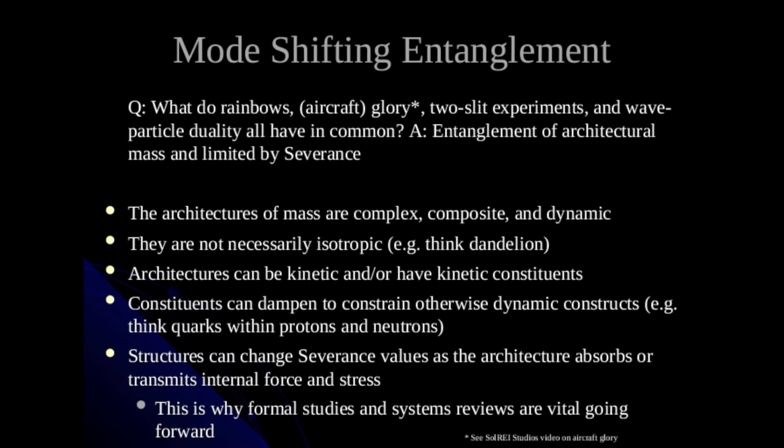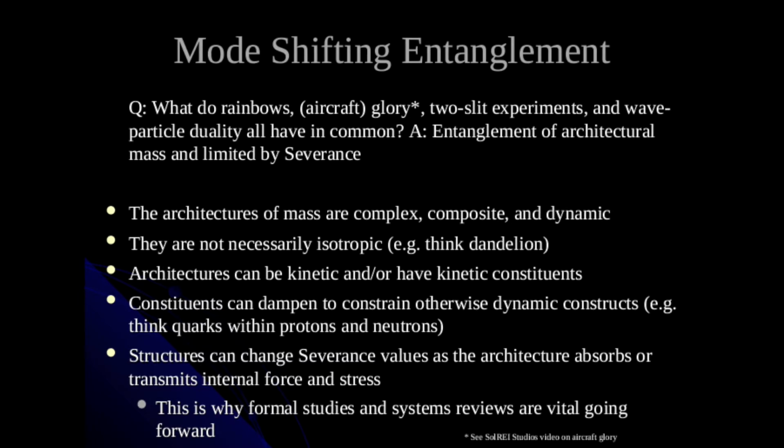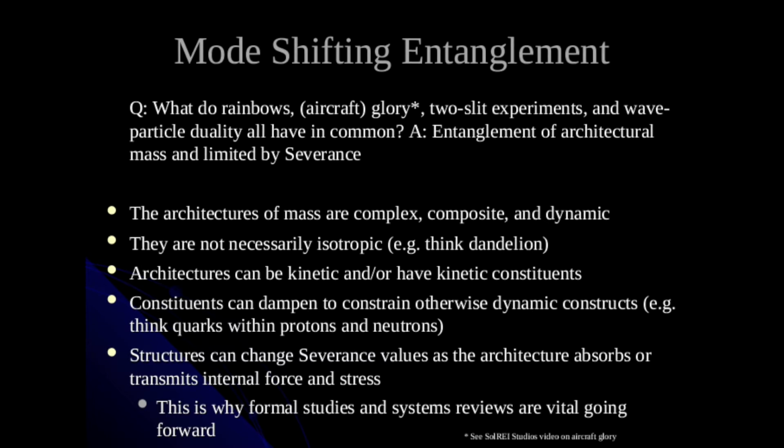Something that's individually weak, but when it's put into an innovative structure, can withstand tremendous force. And that's kind of the point there, is that the complexities of the architectures of mass can change severance values, and that's something that we have to investigate going forward. And that's part of why the formal studies and systems reviews are going to be very vital going forward.